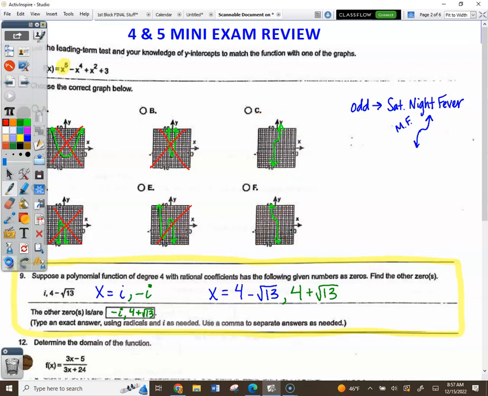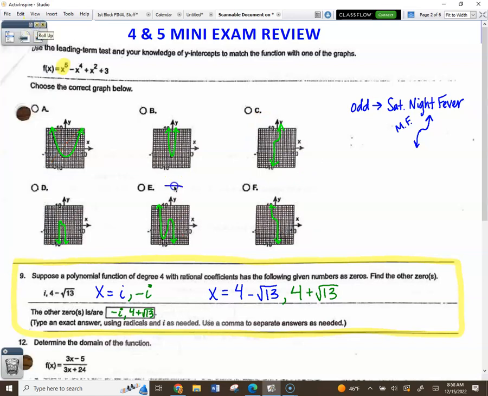What if, I don't think it's going to happen, but what if it had that negative in front and we were down to those two? It would be F because, if you recall, if it has degree 5, that means it can have up to 4 turning points, and it could mean they're kind of crazy.